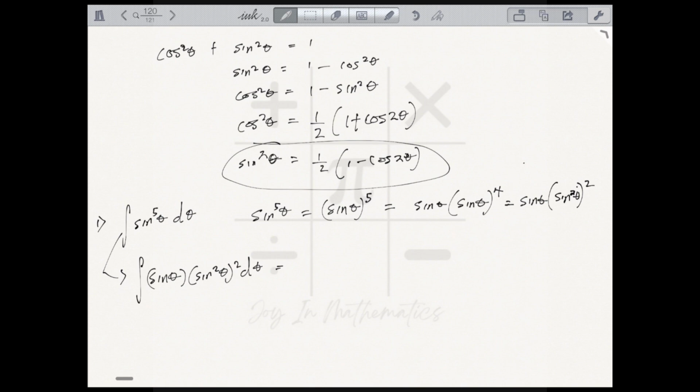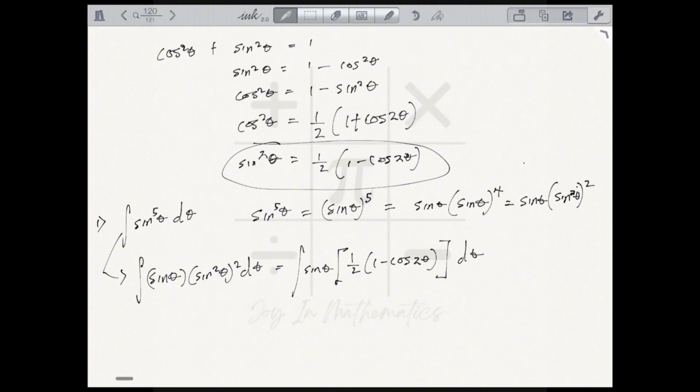So this will give us the integral of sine theta into 1 over 2 into 1 minus cos 2 theta d theta. Now, we notice that if we go via this route, it might be quite impossible to solve it.